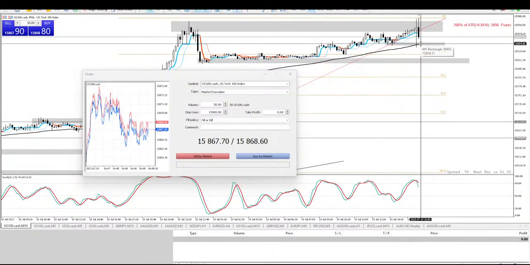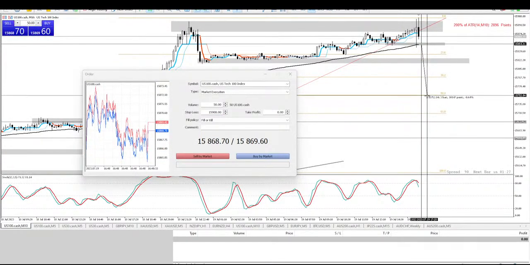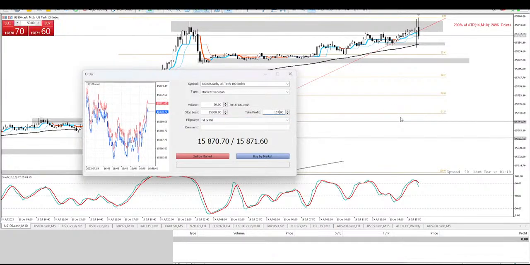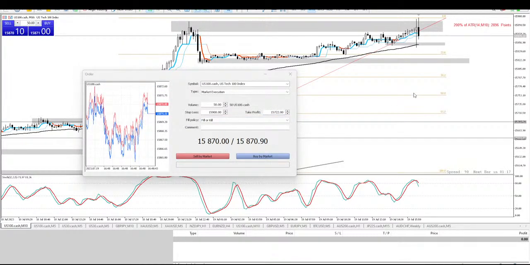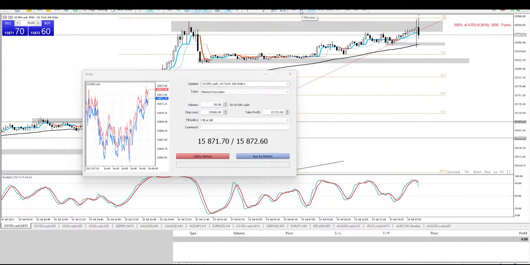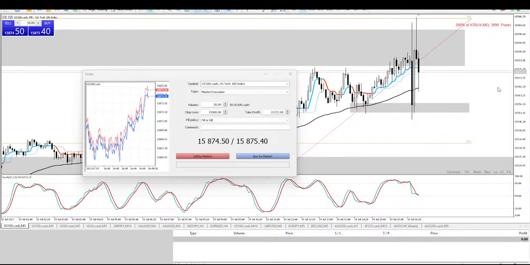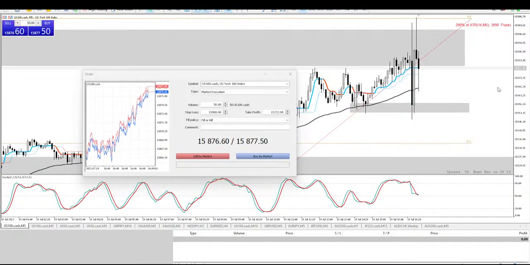And then TP, you could have partial stops along the way, but ultimately we're targeting 15,722. We're just gonna have to wait till price kind of settles down a little bit. It is Wednesday.